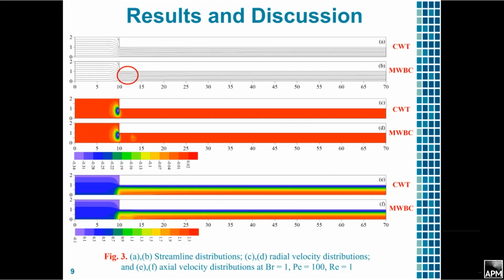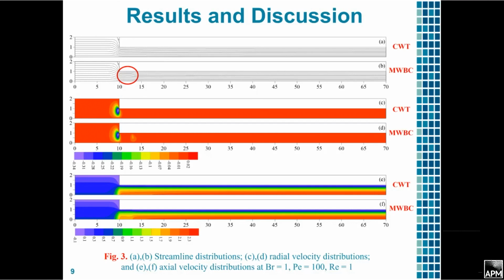Here you can see the flow patterns represented as streamline distributions for the case CWT and MWBC in figures 3A and 3B. Both these patterns include one-dimensional flow regions in the inlet and outlet vicinities, where the streamlines are parallel to the pipe wall.